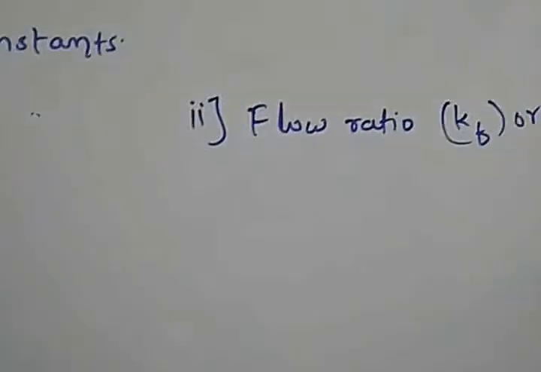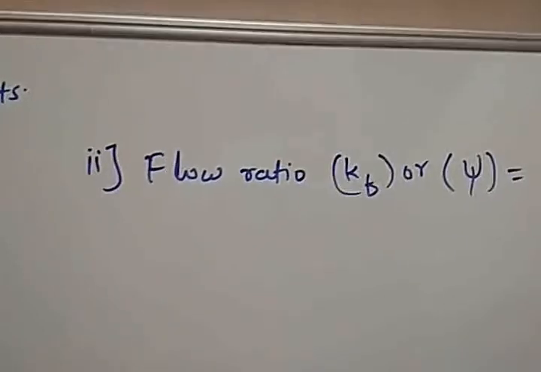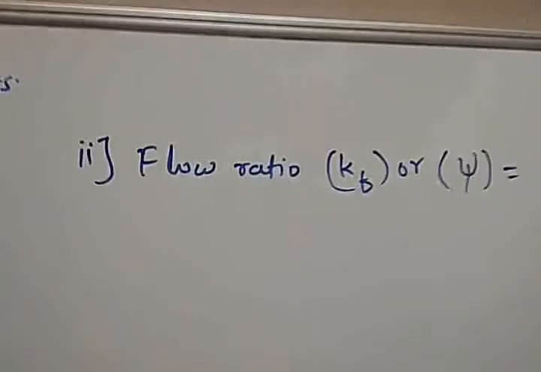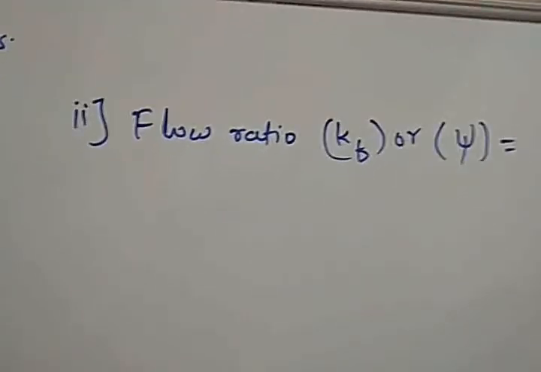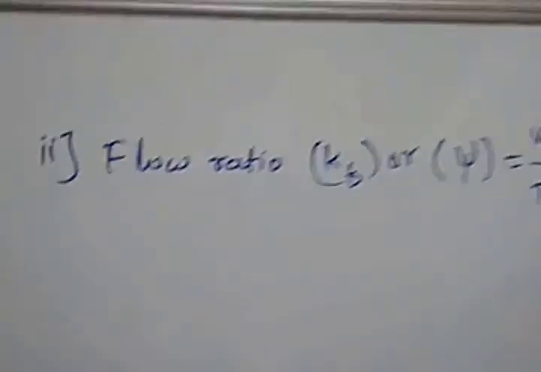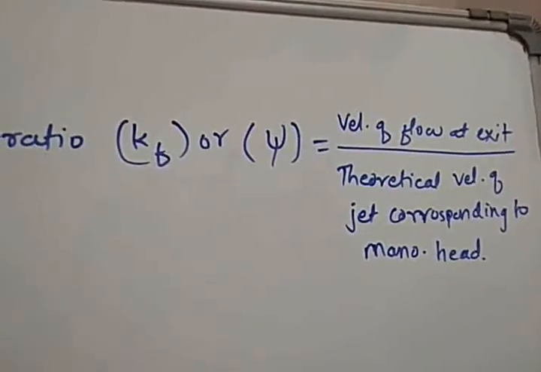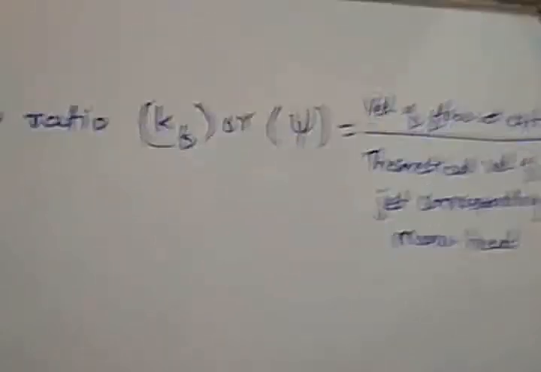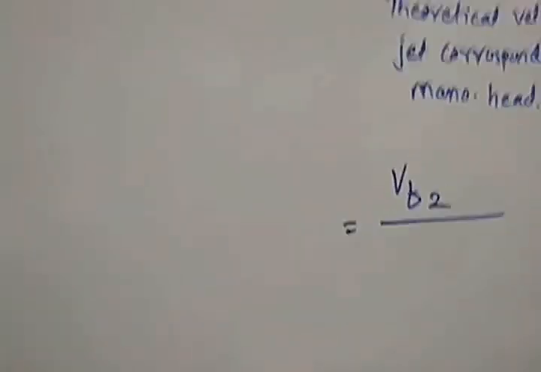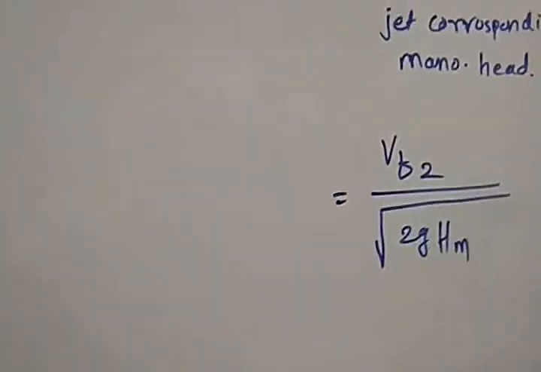Okay, so the next is flow ratio. Flow ratio is denoted by Kf or psi. It is defined as the ratio of the velocity of flow at exit to the theoretical velocity of jet corresponding to the manometric head. We know that the velocity of flow at exit is Vf2, divided by theoretical velocity corresponding to manometric head, which is given by under root of 2ghm.